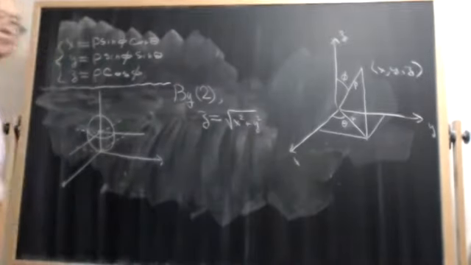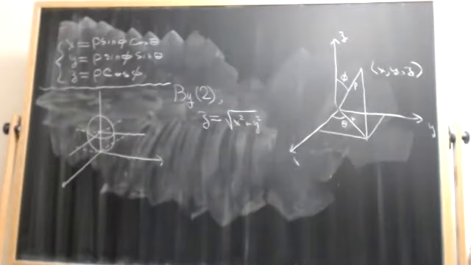Right? And what is it? Inverted right circular cone whose horizontal cross section is a circle and the vertex is at origin 0, 0, 0.